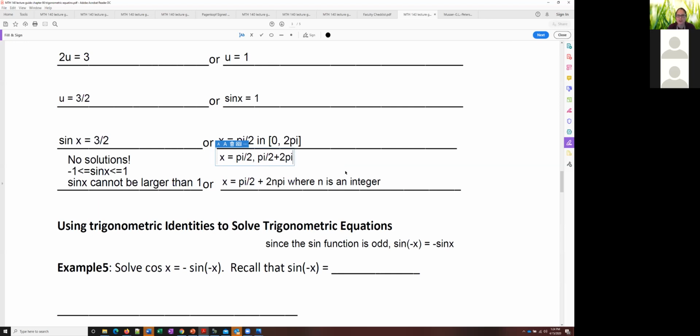Or we could do pi over 2 and go around the unit circle twice, so we could add 4 pi on. Or we could go around the unit circle 3 more times, and that would be adding on 6 pi, because every trip around the unit circle, we're adding on a copy of pi over 2.